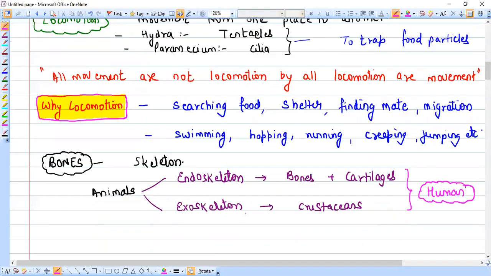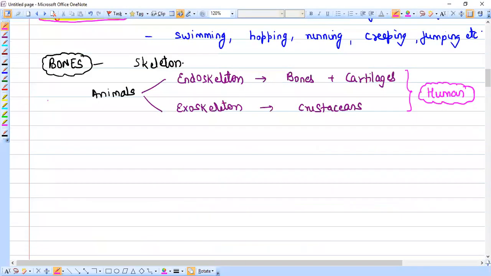What is the role of this bone? Or if I ask you what is the function of this skeleton, somebody says, please tell me the function of the bones. What are the different roles that bone is going to play in your body? The very first thing I will say is that the bones are going to support me. Second, they are going to provide me protection. Even all the internal organs are protected because of this skeleton.